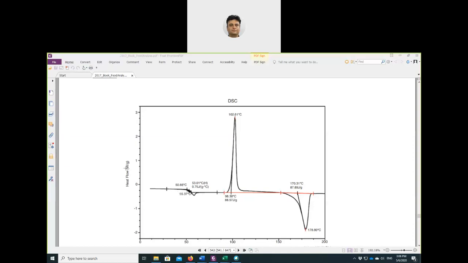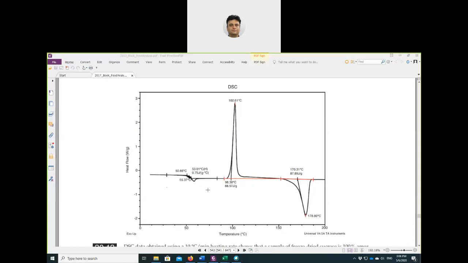The DSC will measure the heat flow. As in rheology we change the shear rate and measure shear stress, here we change the temperature and measure the heat flow, the amount of heat needed or released from a sample. We measure it and it is reported as one graph or maybe as data.